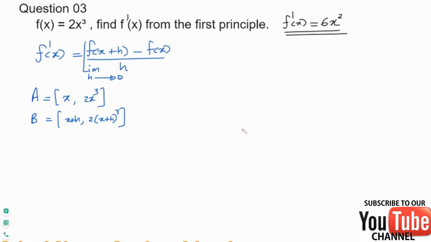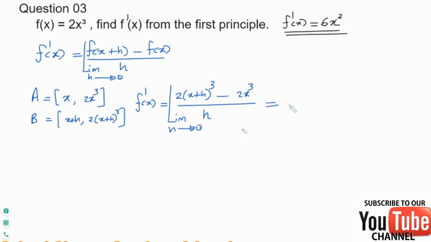Right? Now you're going to do f dash x equal, right? f of x plus h is 2 times x plus h cubed minus 2x cube over h, limit as h goes to 0. I hope you understand this far, right? Now a little bit of algebra.